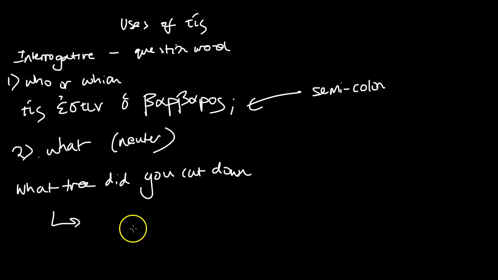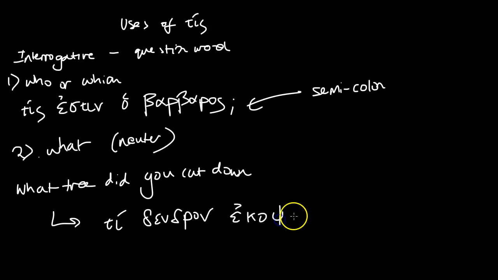That is going to be ti dendron, obviously with an accent, ti dendron ekopsas. Kopto is I cut down. So the weak aorist is going to be ekopsa, and it's now you, so it's going to be ekopsas. And here as well, this is not being used as a standalone anymore. It's now agreeing with dendron.